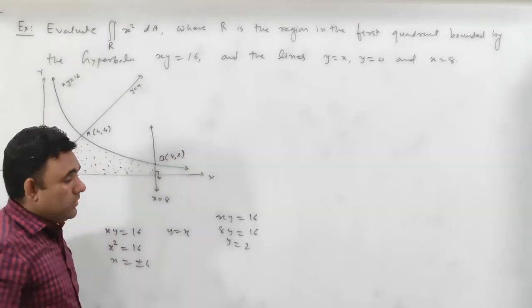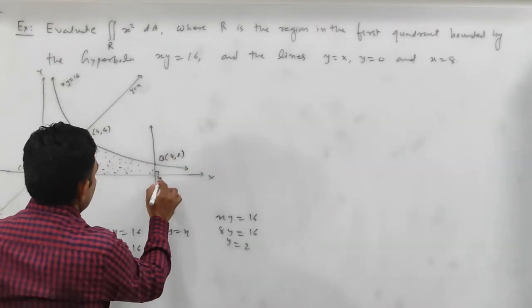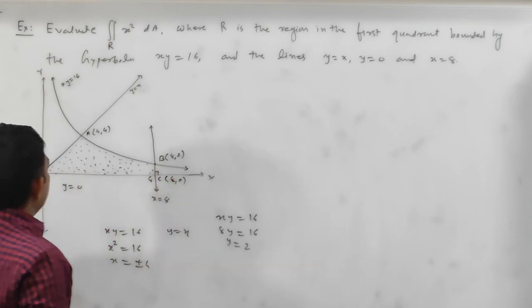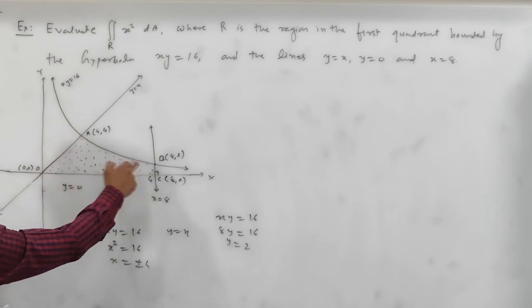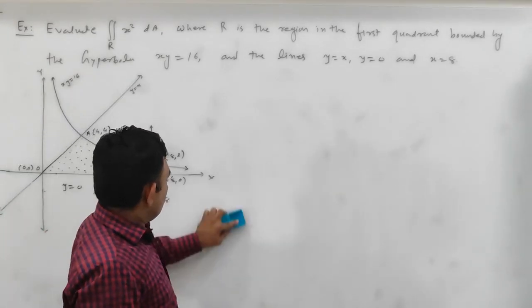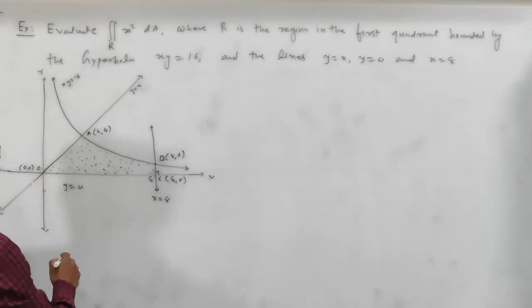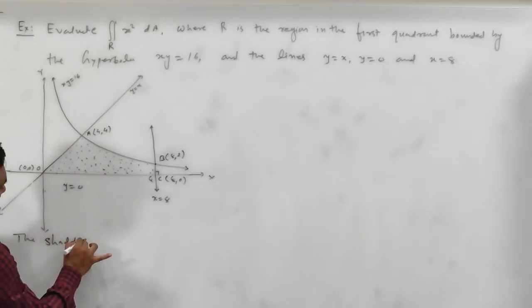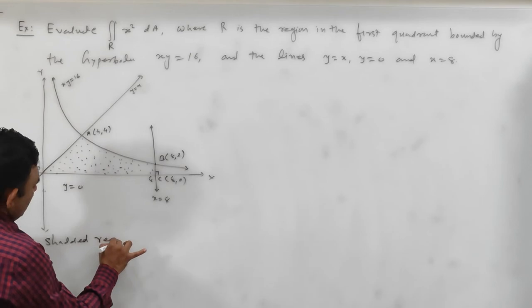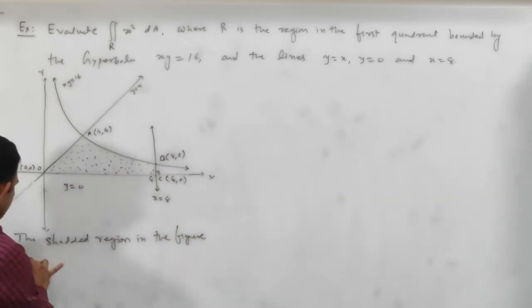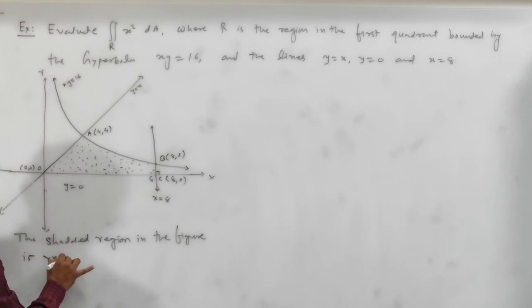So in this way you have the coordinates. Let me say these points are A, B and C, with C the coordinates 8 comma 0. So all four boundary points are now known. Let me write in short: the shaded region in the figure is the region of integration.